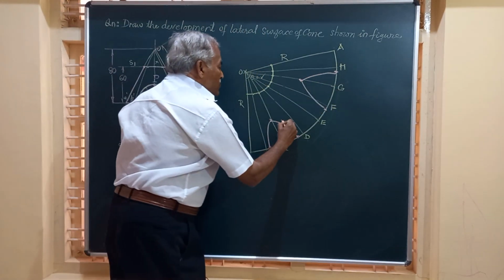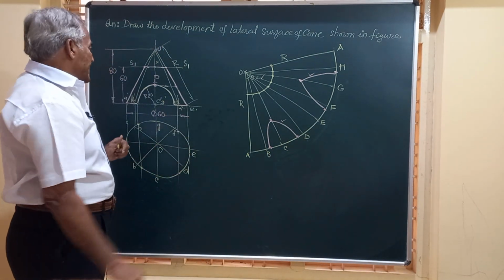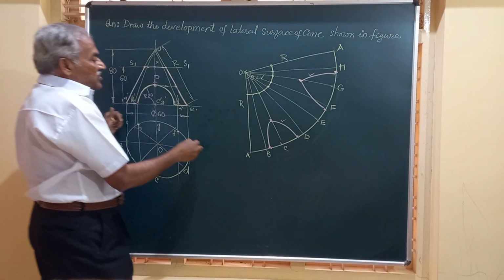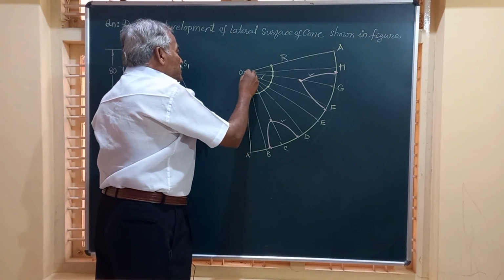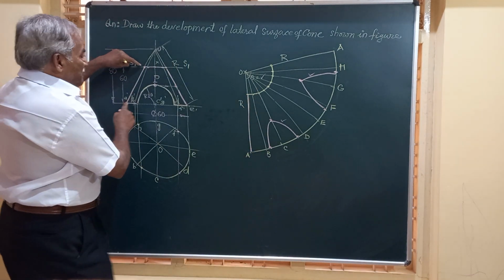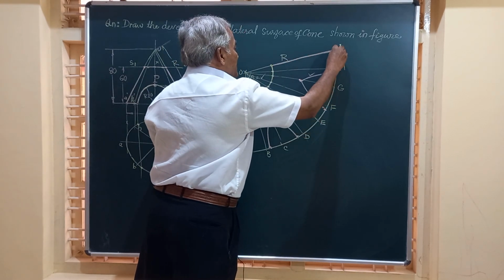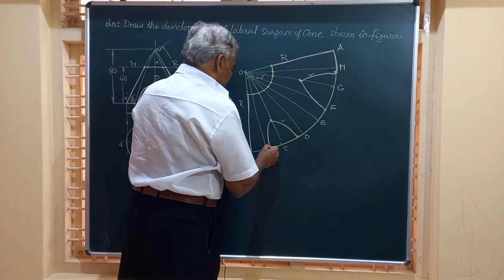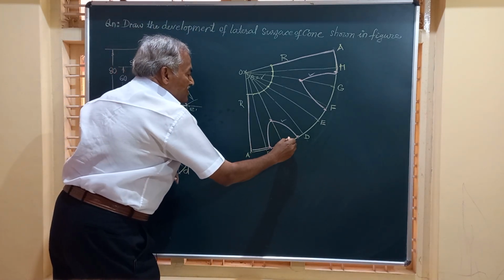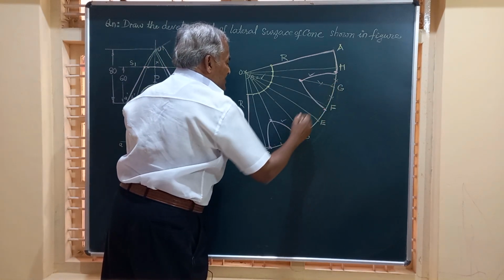So these two will be exactly identical if you make them to scale. Friends, here this portion OA, OE are intact. So I would like to show them by lines like this. This portion is this. Similarly, this side is retained, and this bottom is also retained here. Friends, and these lines won't exist, even this is not existing, so they have to be shown by very thin lines.